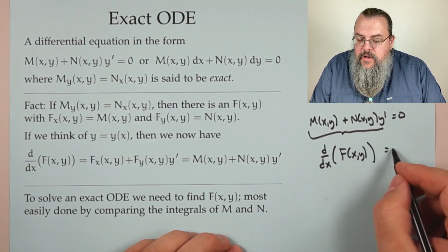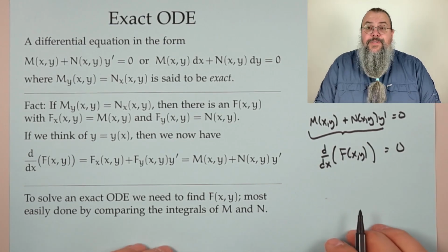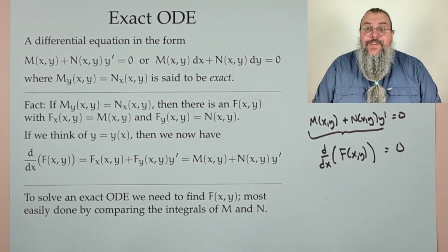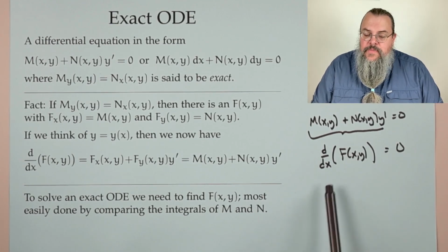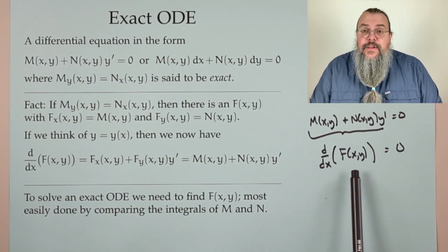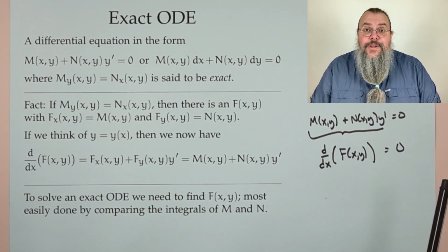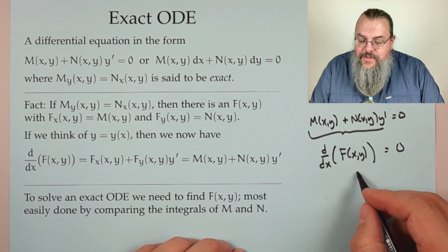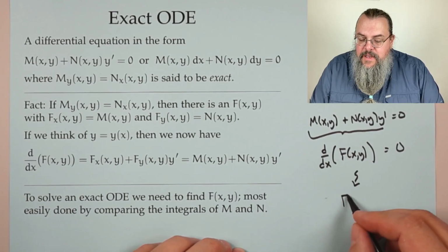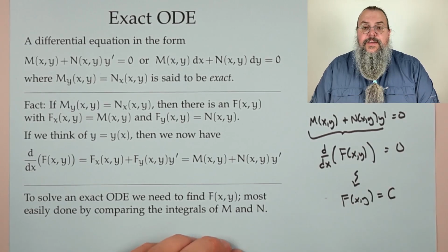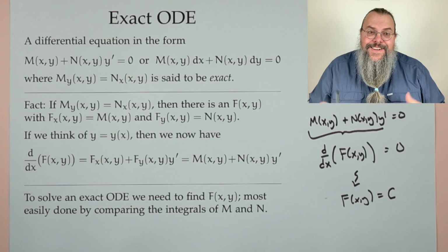And now we say, oh, can we solve this? Well, yes, actually fairly easily, because we're asking the question, do we know any function where the derivative is 0? Well, we know there's one type of function that does that, and so our solution becomes F of x,y equals a constant C. Good, good.